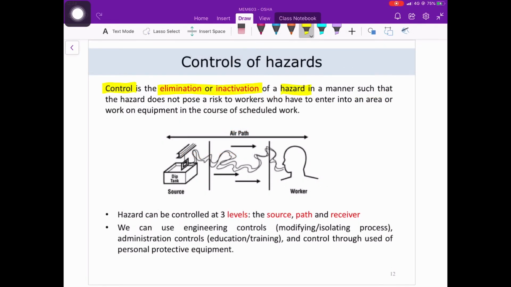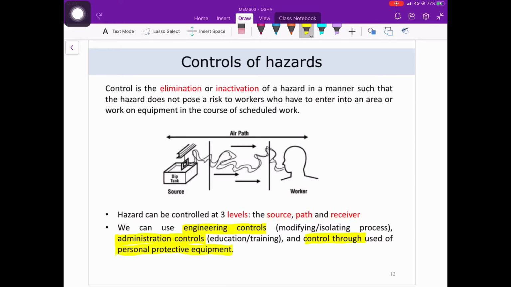The term control means elimination or inactivation of hazard so that the hazard will be at minimum or even no risk to the workers who enter the area or work on equipment in the course of scheduled work. Controlling hazard can be done at 3 levels: source, path, and receiver.